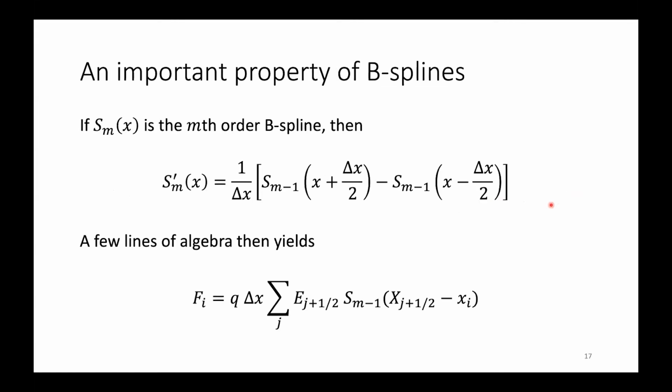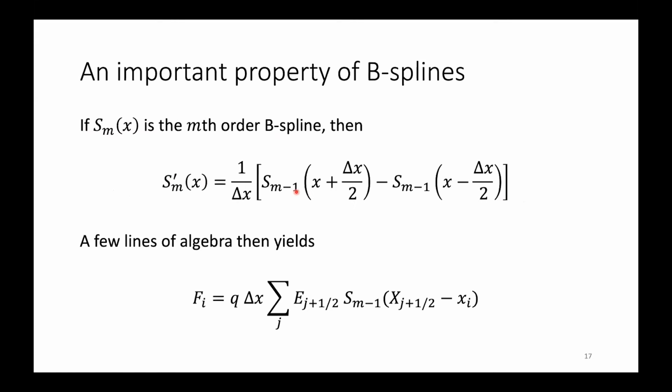Now, it turns out that if we choose to use an interpolation that is an mth order B-spline, then there's this nice relationship between the derivative of an mth order B-spline and the m-1th B-spline.